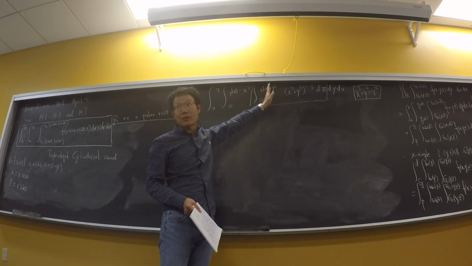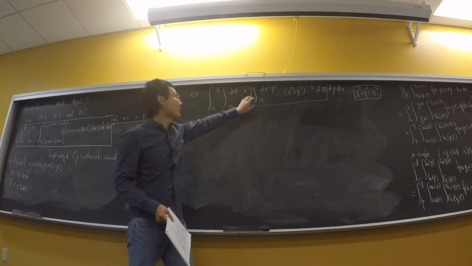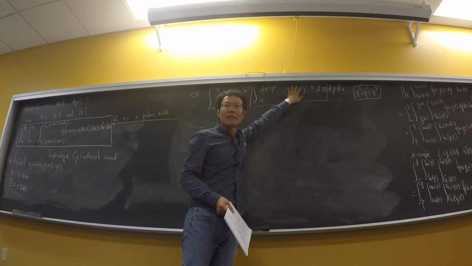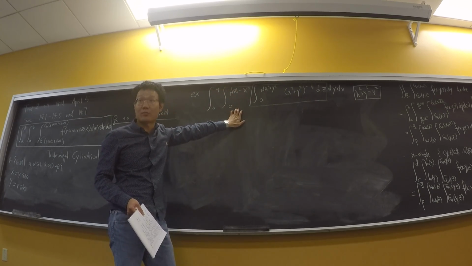Identifying this region is not easy. But if I don't care about the interior and only look at this region on the xy plane, it's much, much easier. Are you with me?